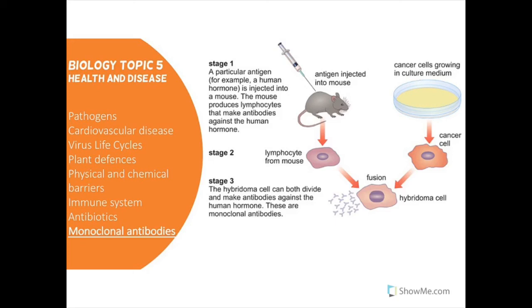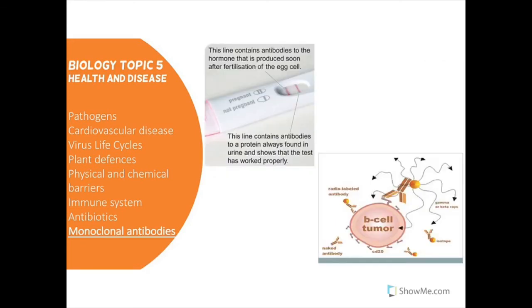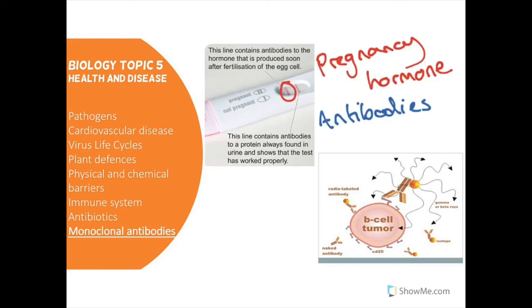So what we're going to do first is, why would we need to make lots and lots of antibodies? In pregnancy tests, there's basically an antibody which attaches to a pregnancy hormone. If you are pregnant, your body produces a pregnancy hormone which is found in urine.